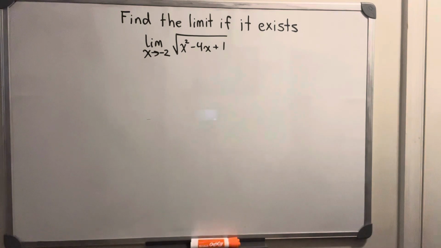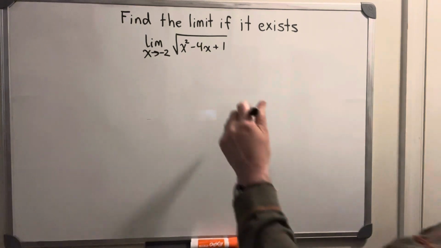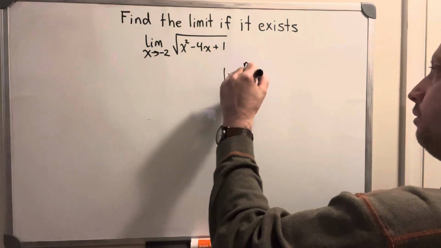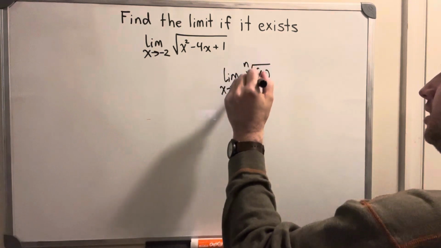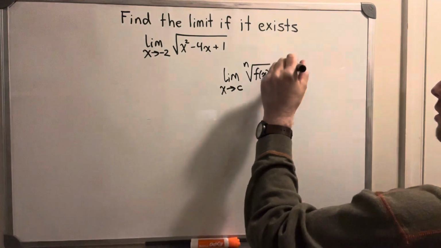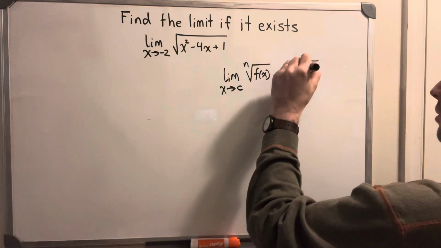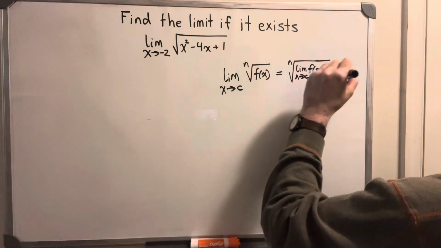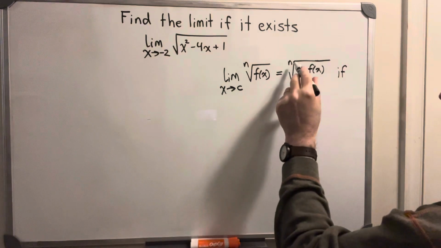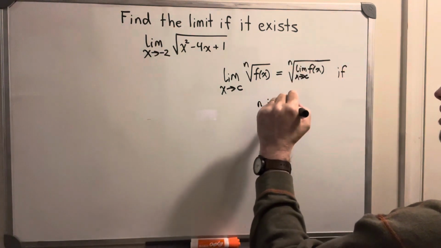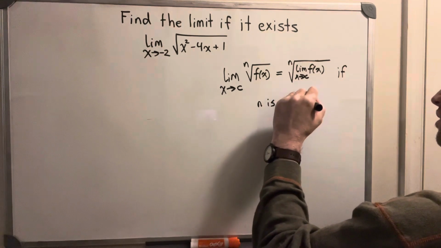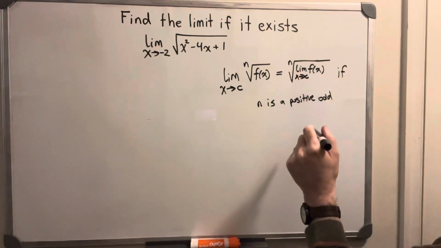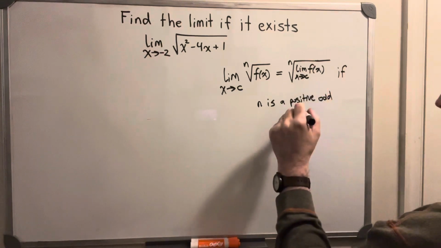So this is a point where we can use a limit theorem that states basically the limit as x approaches c of the nth root of some function f of x is equal to the nth root of the limit as x approaches c of f of x if n is a positive odd number and the limit as x approaches c of f of x exists.